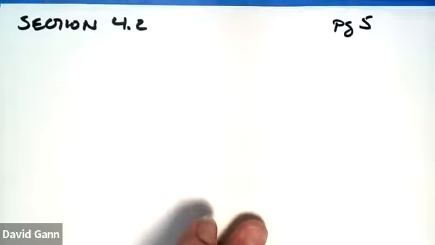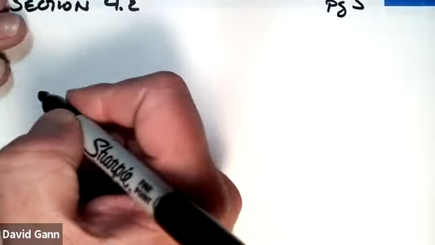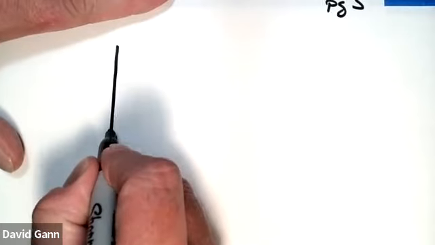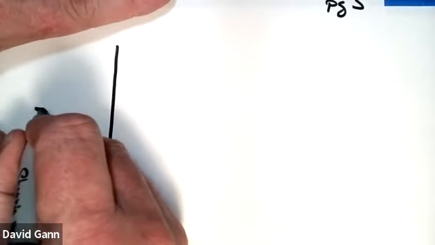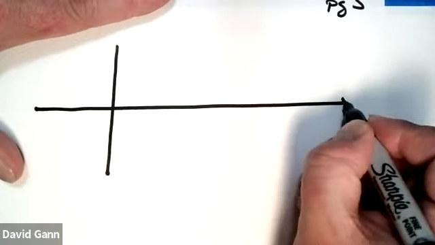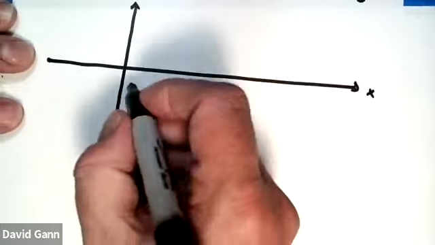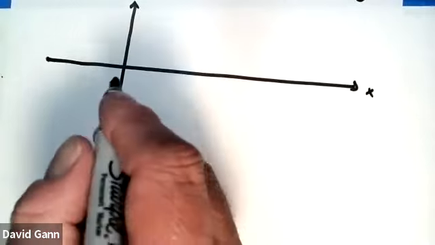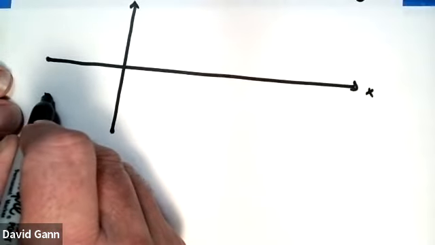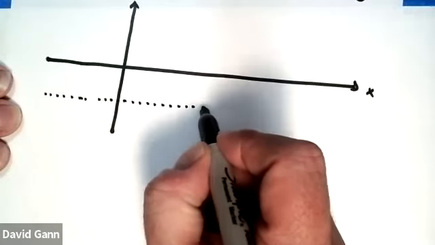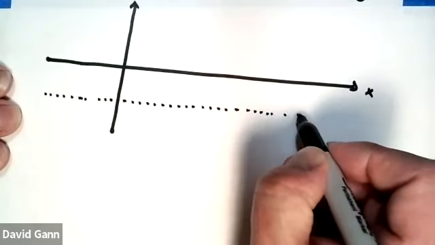Section 4.2, now we're on page number 5. So let's look at this equation. I've got one that I prepared here. So here's my X and Y axis, and I'm going to use some tools here, putting this line in place so I don't make something that looks too terribly bad.